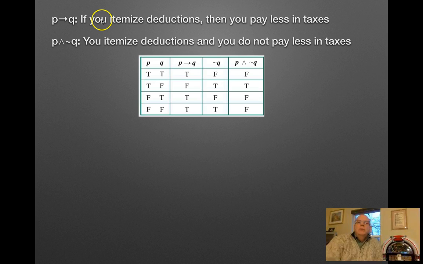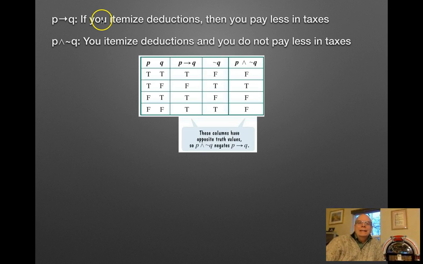The truth table for P and not Q, which we looked at at the beginning of section 3.5, is false, true, false, false. It is the exact opposite of the conditional statement P implies Q. So those two statements are negations of each other. P and not Q is the negation of P implies Q.